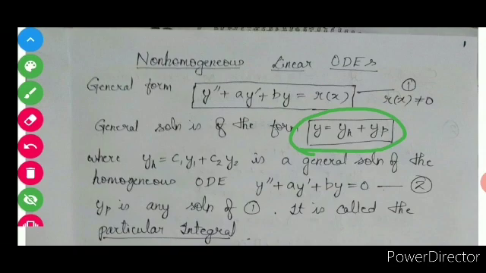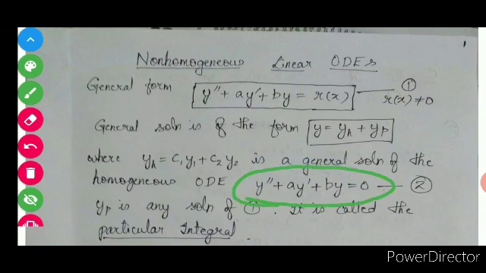Now, first we will look at how to find yh. To find yh, you have to look at the corresponding homogeneous equation. That is, consider the equation with the right hand side equal to 0. You have already studied how to solve such equations.